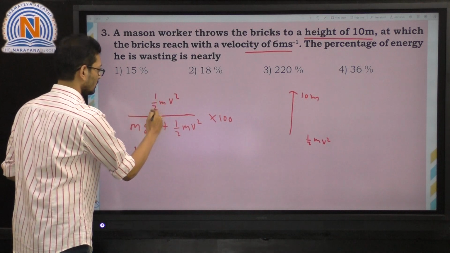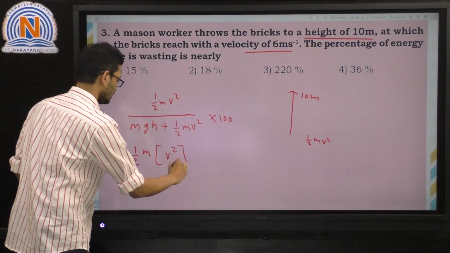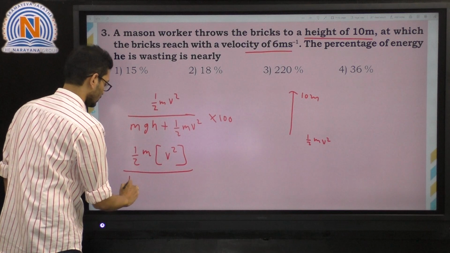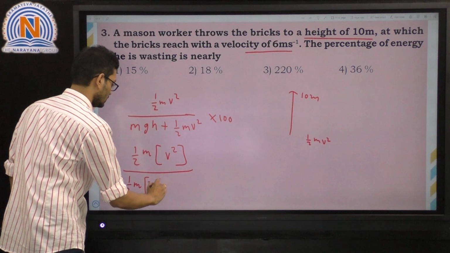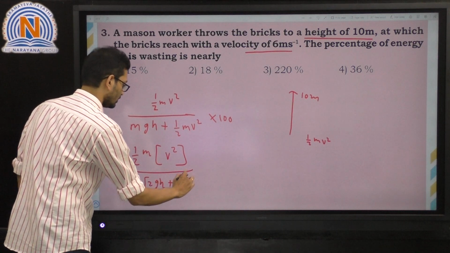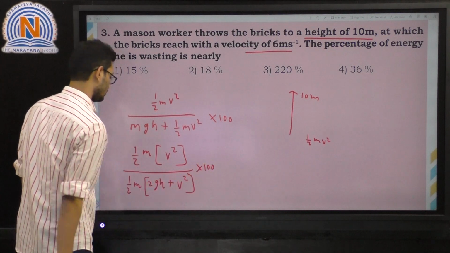I'll write it clearly: half m into v square by, if you take half m common, you will be getting 2gh plus v square, into 100. Right?